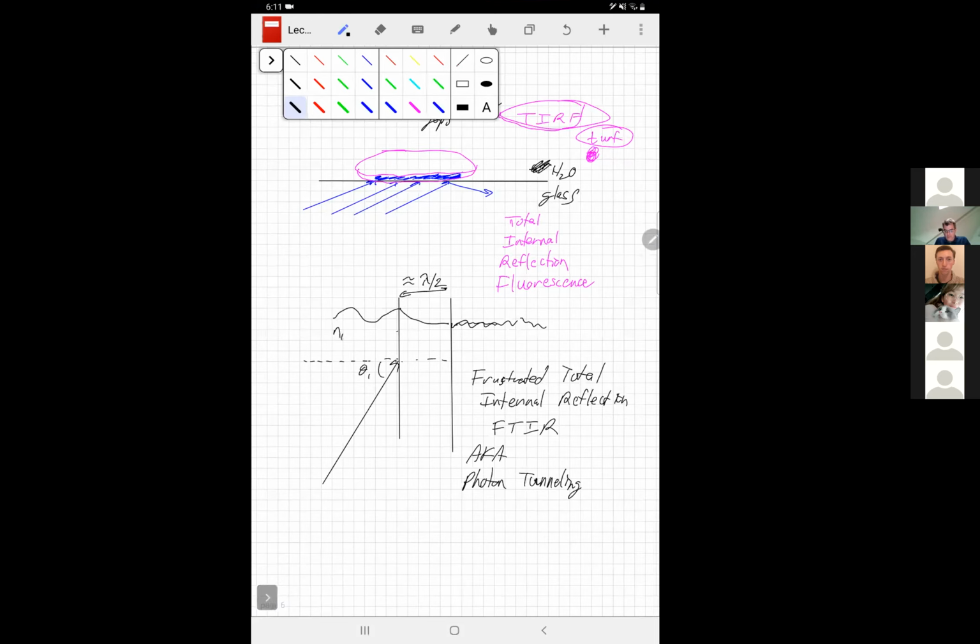So we're doing N1 is 1.8, N2 is 1, N3 is 1.53. And we would just need that N1 sine theta 1 is greater than or equal to 1. In general, greater than or equal to N2. That's the condition for total internal reflection. All right, because N2 sine theta 2 is always less than or equal to N2. I mean, it can't be larger unless sine theta was larger than 1.